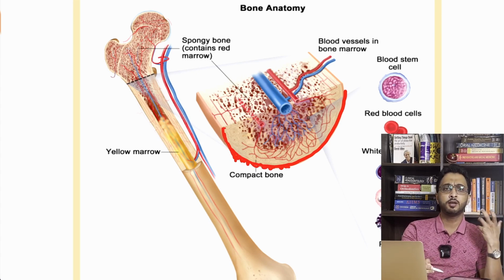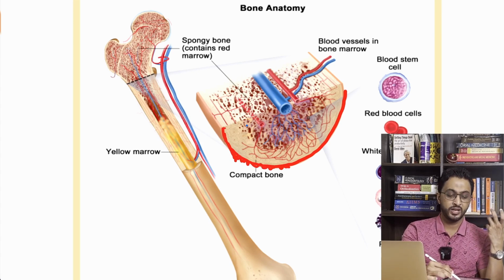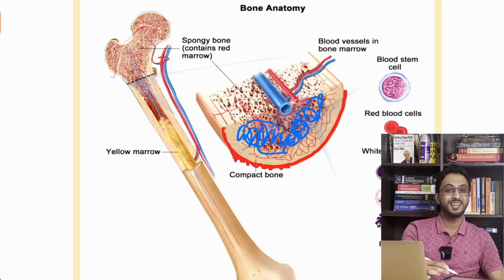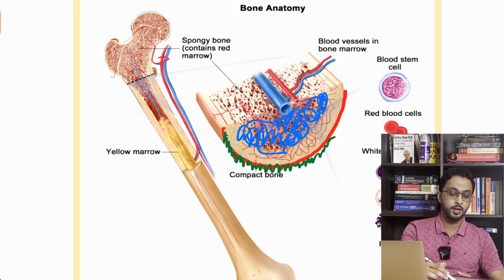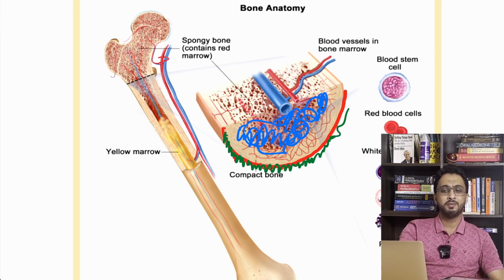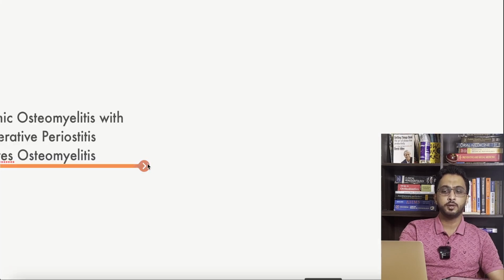Now in sclerotic, where did we see the problem? More inner, into the entire bone, it's sclerosis in its entirety. But when it comes to this Garres osteomyelitis, rather than sclerosis, it's proliferation of new bone formation in the periosteum. So that is chronic osteomyelitis with proliferative periosteitis.